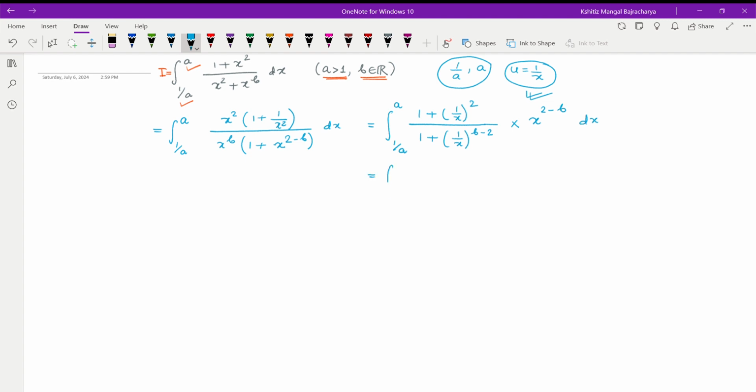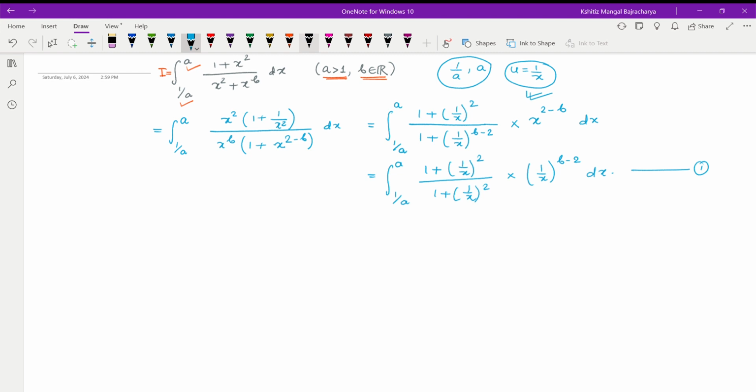Now we can rewrite everything in terms of 1 over x like this. One over x to the power b minus 2 dx. Let's call it equation 1.